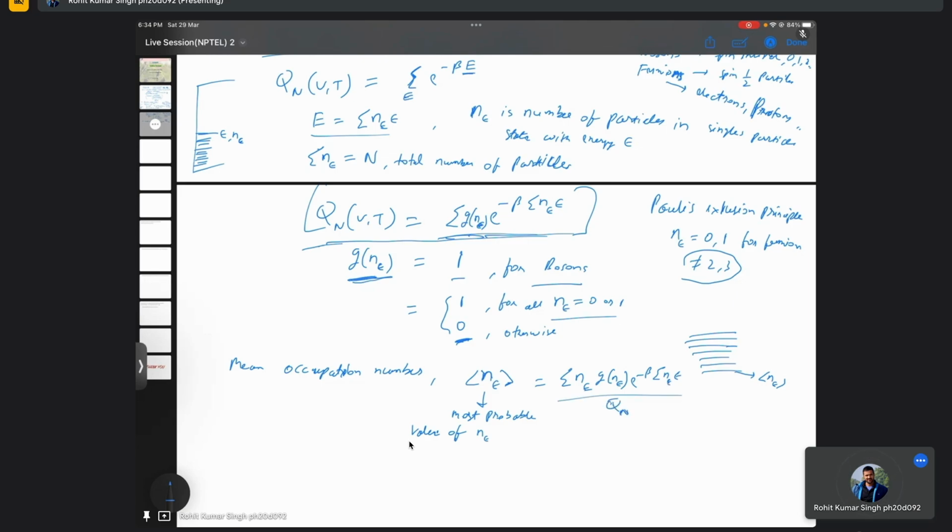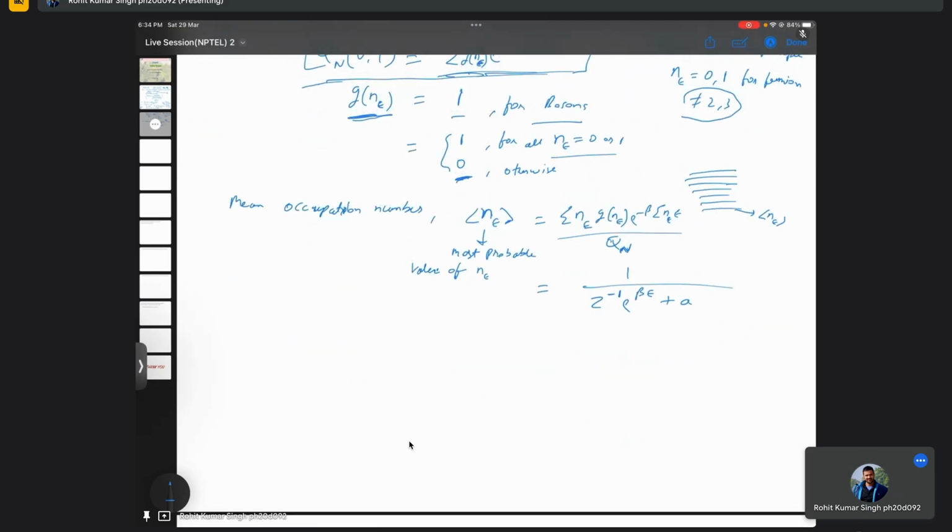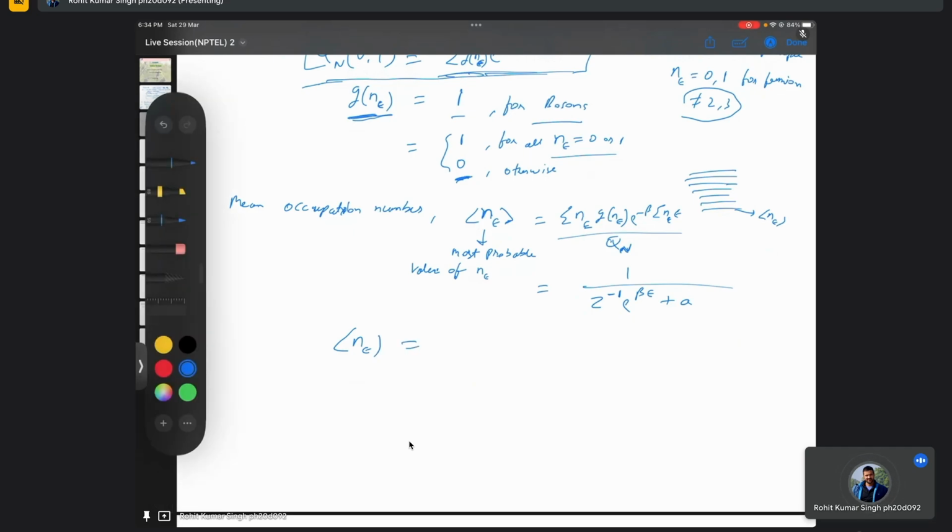Okay, I'm not going into detail of the calculation. I'll just write out the end result. So you will get this. Okay, let me write it here. This is a very important formula.